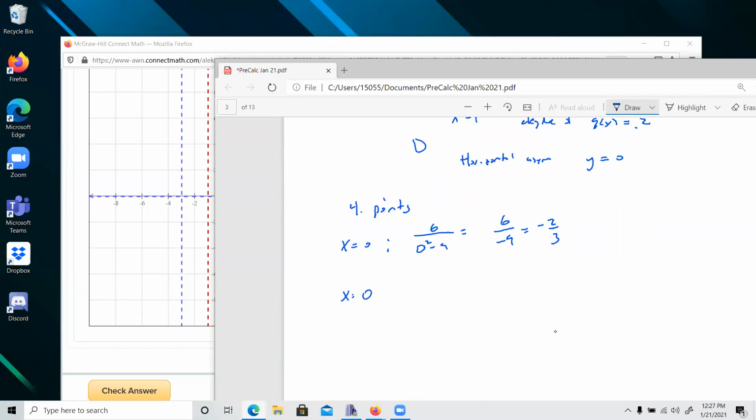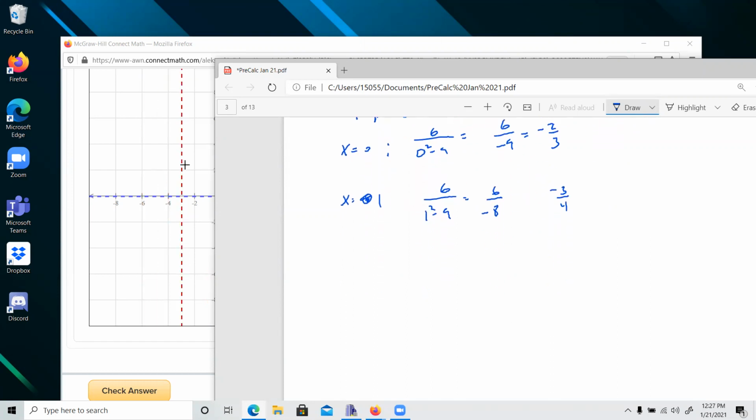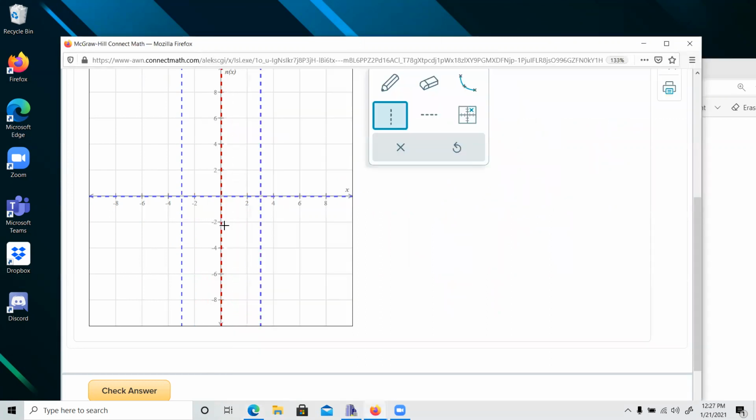Right? And so that's going to be between negative 3 and positive 3. What am I thinking? Let's pick 1. So this is 6 over 1 squared minus 9. That's 6 over negative 8, which I believe is negative 3/4. Okay. Just because I know that these are both negative, we've got 2 points.